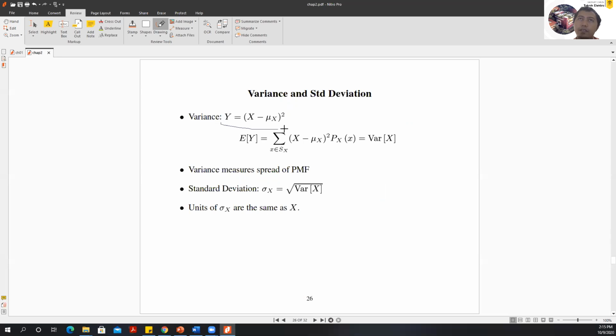Also the variance. Interestingly, the variance represents how different the data are, the difference between the outcomes. You can see here, this is the random variable and this is the mean of the random variable, and the variance we can express mathematically as the difference between the random variable and its mean, raised to the power of 2.